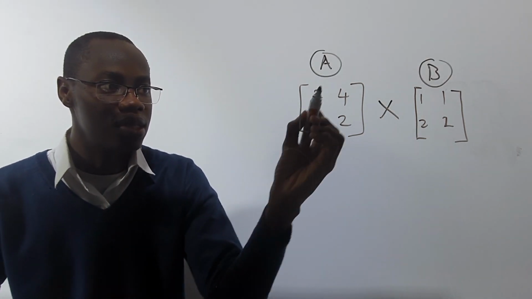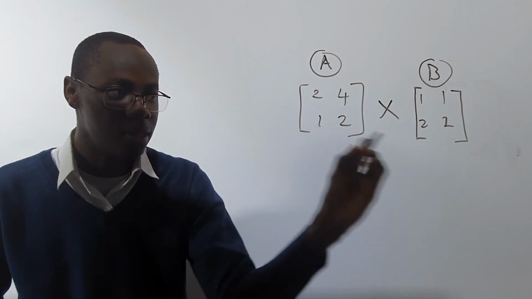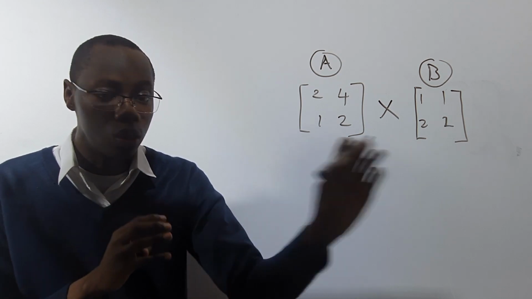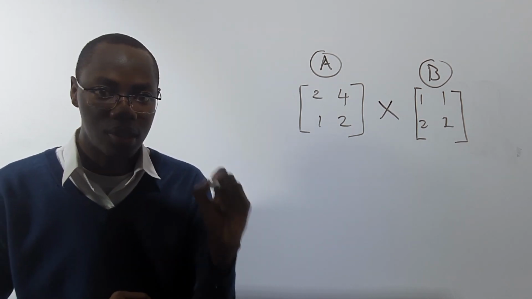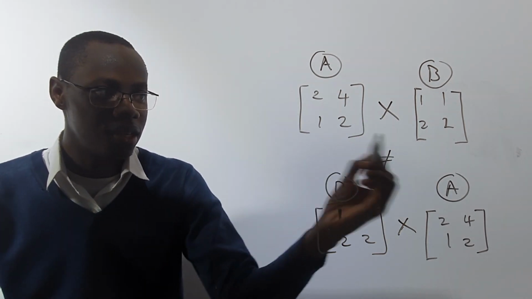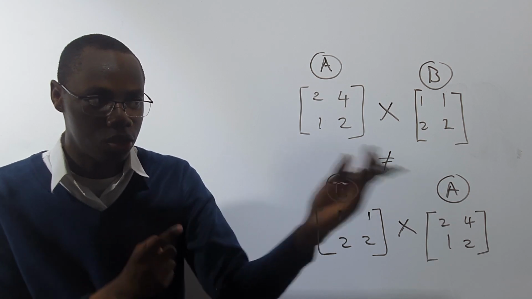Notice that in this A times B, I cannot switch them. This A times B is different. It is separate. It is its own order. Notice that in multiplication, it's not like addition. In addition, we have the liberty of switching them.